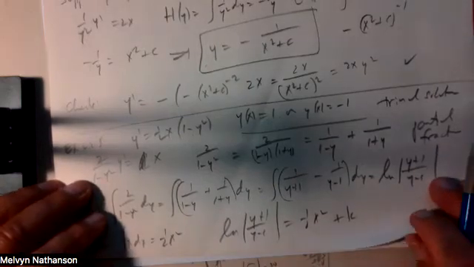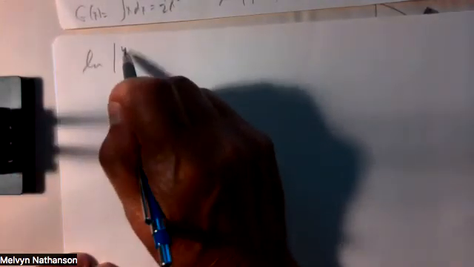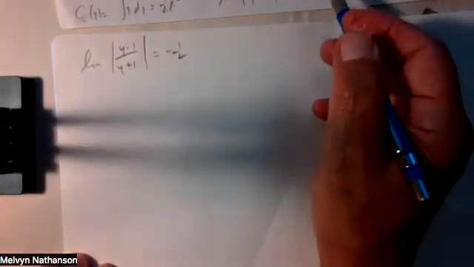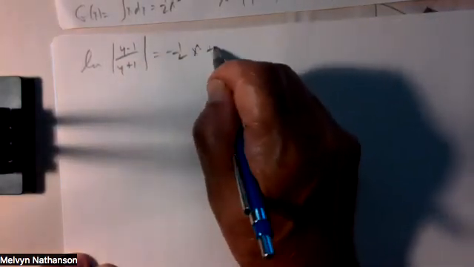An alternative way to write this, I just want to follow the text. This is perfectly correct. An alternative way to write this is, remember, the log of x is minus the log of 1 over x. So this is the same as saying the log of y minus 1 over y plus 1 is minus a half. Just multiply by minus 1. It's minus a half x squared plus a constant.